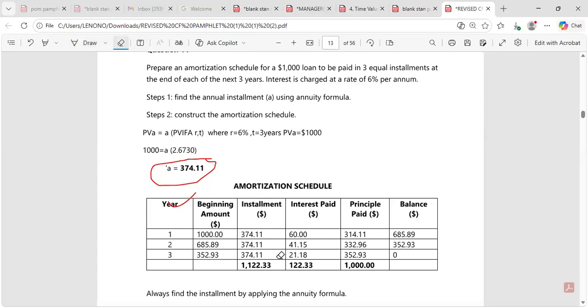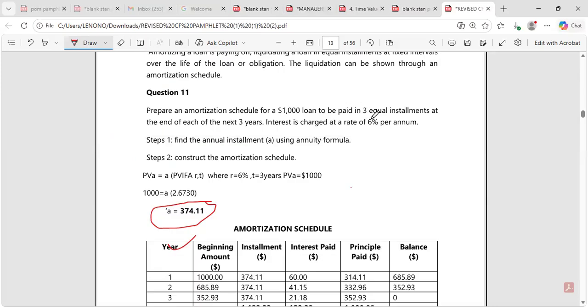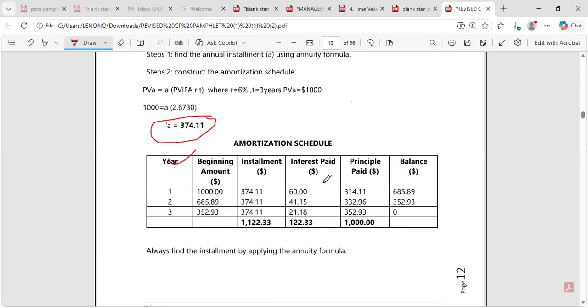The interest for the first year is 1000 times the 6%, which is 60. So from the installment of 374.11 minus 60, you're getting 314.11. This is how much you have paid towards the principal.